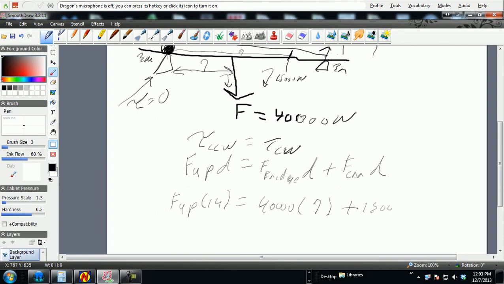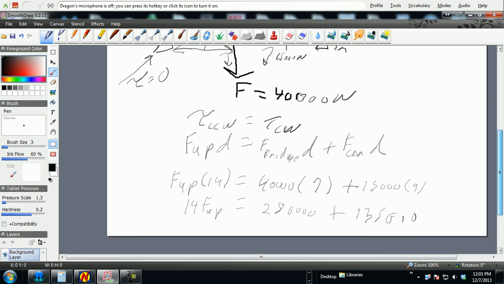The car is what? 15,000 times 9. Now that should be 14 F up equals 7 times 40,000, which is 280,000, plus 9 times 15,000, which is 90 plus 45, which is 135,000.